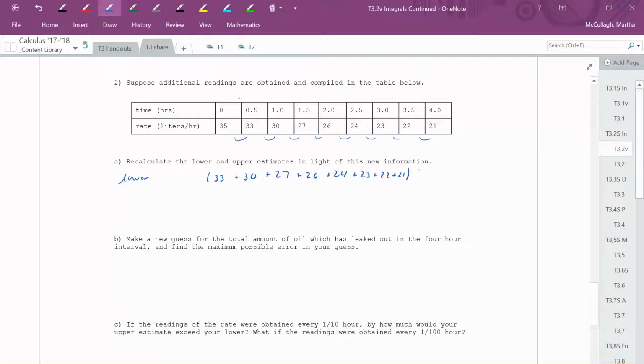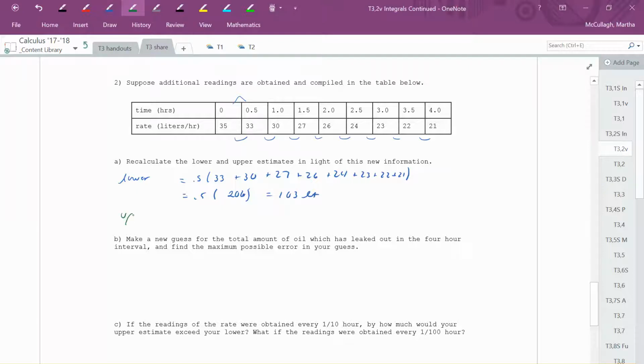And we're going to multiply that by the size of the interval, which is 0.5. So we have 0.5 times 206, adding these values on a calculator, and we get 103 liters.